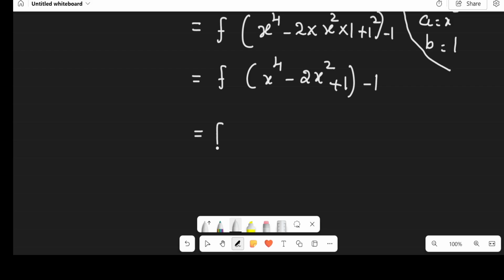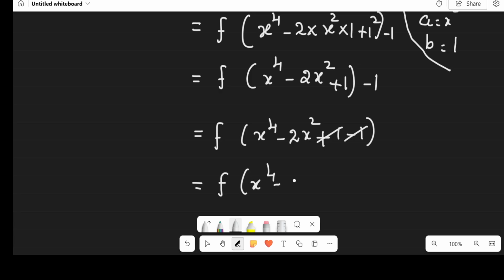So I'm removing the brackets like x power 4 minus 2x square plus 1 minus 1. So I'm cancelling plus 1 and minus 1. What I'm getting now? F of f of x is x power 4 minus 2x square. This is the answer I'm getting, right?